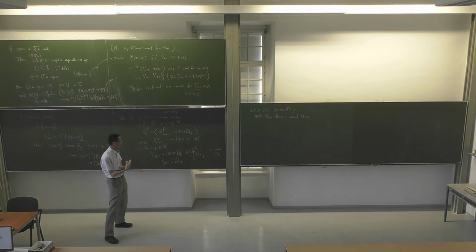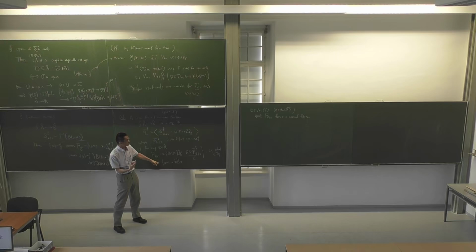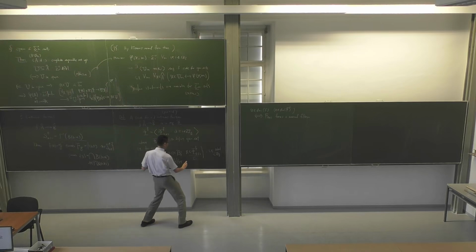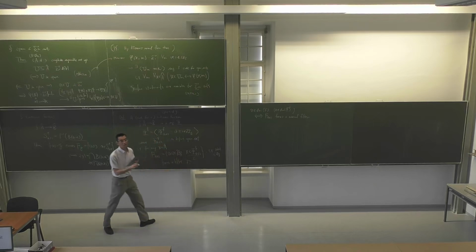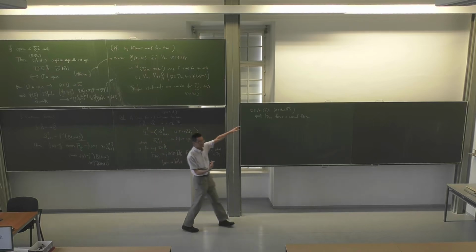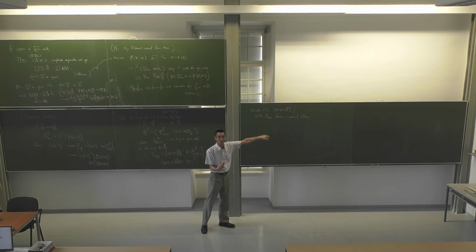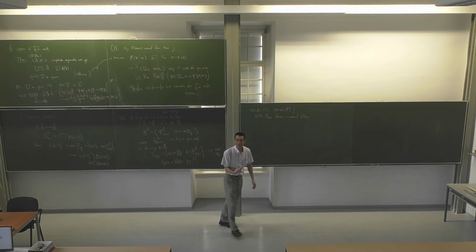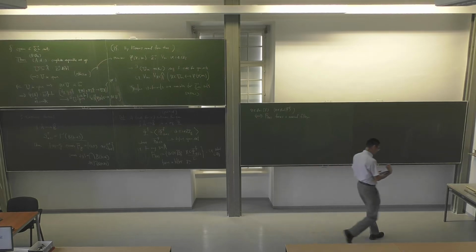And why do I only add the condition that this forms a filter? Because this forms a filter is just a pi1 statement. This can be described in a pi1 way, while being maximal is pi2, more complicated. So I just distinguished the situation.